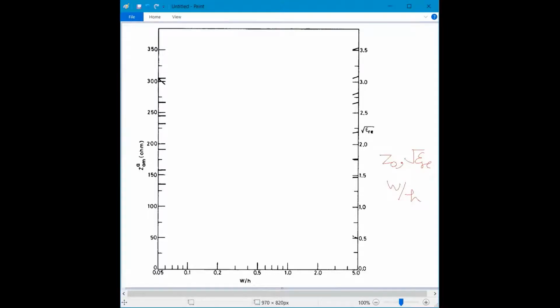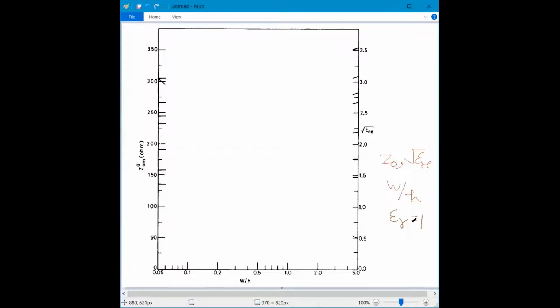We can see a graph and we can plot the relation between characteristic impedance, W by H and under root epsilon Re in this graph. So let us suppose the value of epsilon R equal to 1.